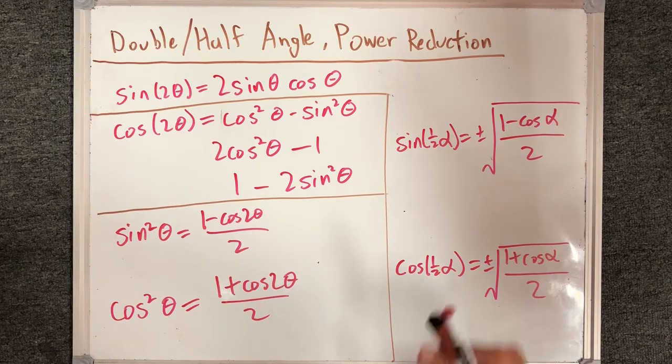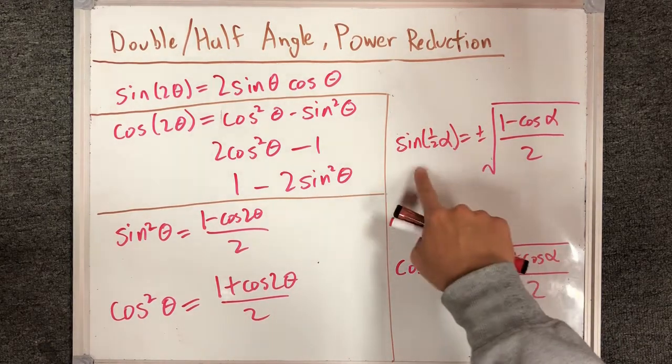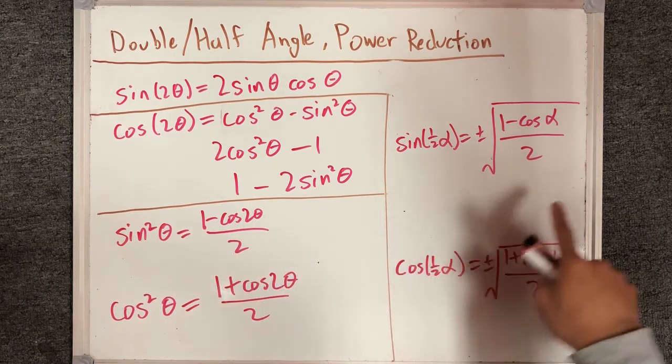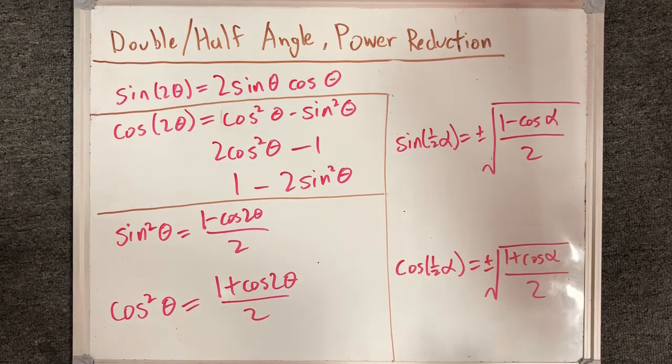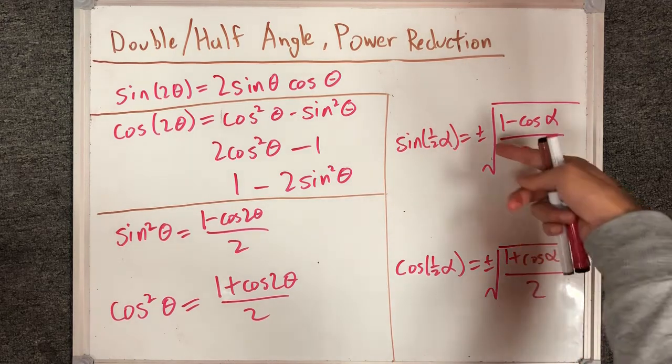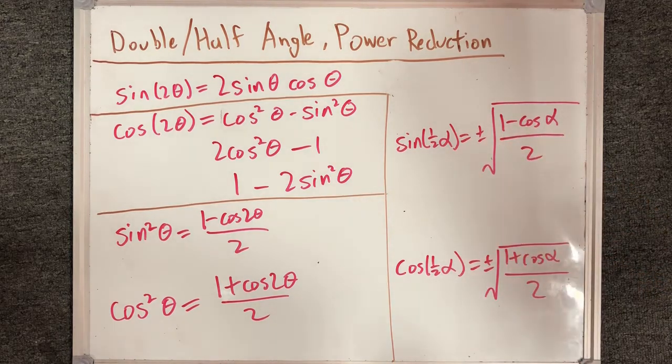Both of these equations come from the second form of double angle. For sine of 1/2 alpha, we do a change of variable from theta to alpha, and we get plus or minus the square root. Cosine of 1/2 alpha, similar change of variables, plus or minus the square root. The positive or negative version depends on whether sine or cosine is positive or negative in this angle's quadrant.